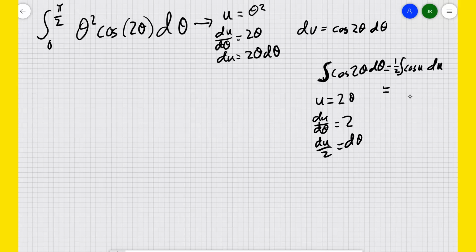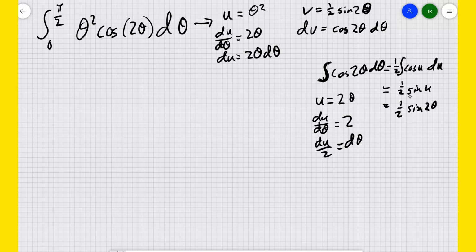So now the integral of cosine of u is sine of u, and u being 2 theta, my v is 1/2 sine 2 theta.